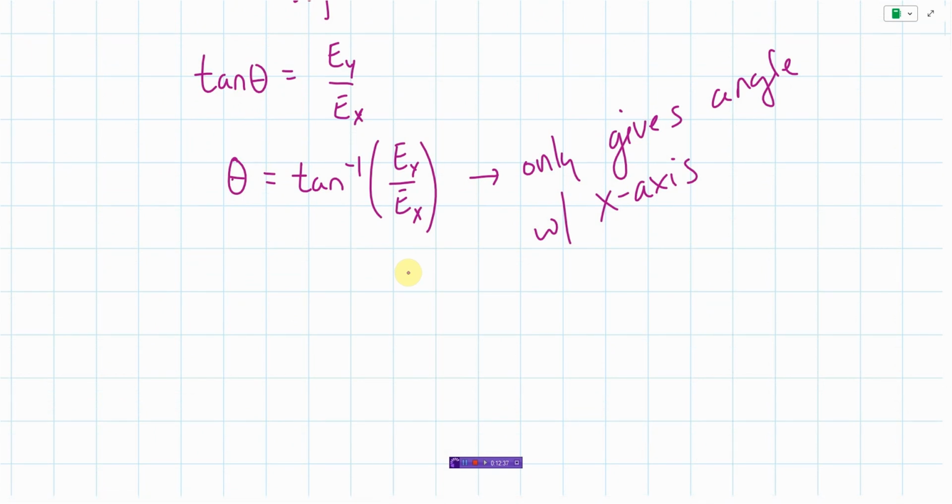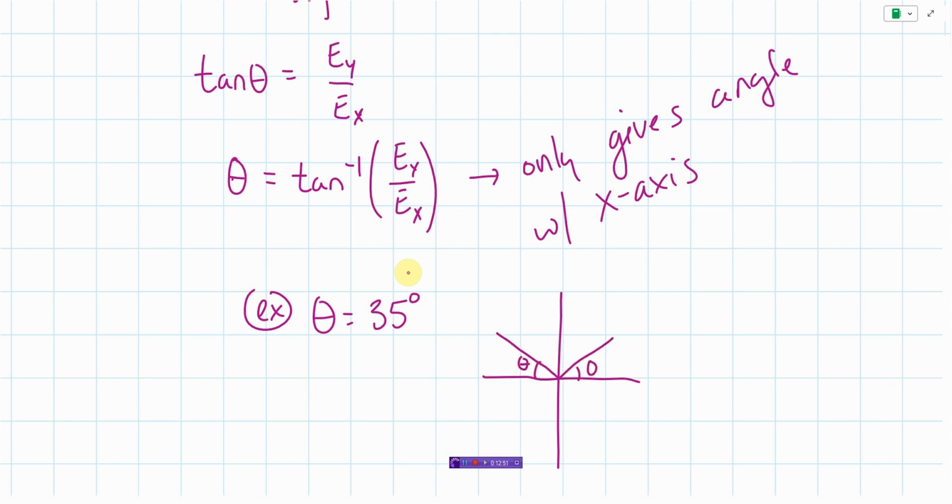If this returned 35 degrees, you have to decide if that is here or here or here or here. You decide which one it is, and you have to somehow describe which one it is. I'm just going to give these letters so I can talk about them easily.